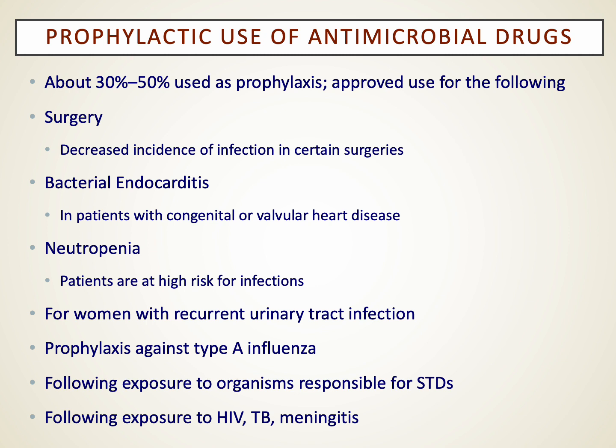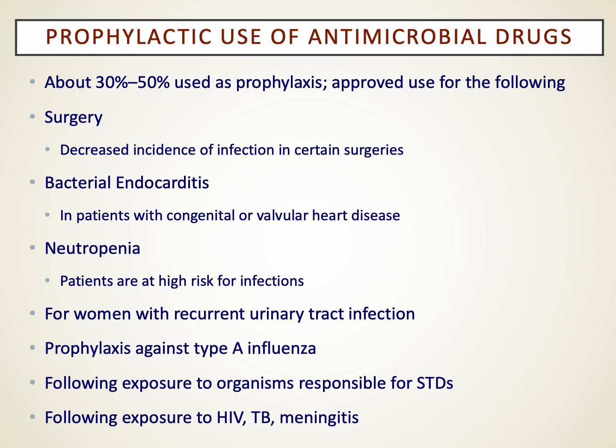We sometimes use antibiotics prophylactically. We do it prior to surgery, particularly when surgical procedures are going to be a higher risk for infection. We use it for patients at risk for bacterial endocarditis, for certain patients who have neutropenia, particularly after certain courses of chemotherapy. Occasionally, although less commonly, we will use them for people who have recurrent urinary tract infections, sometimes for types of influenza. We don't use that much anymore.